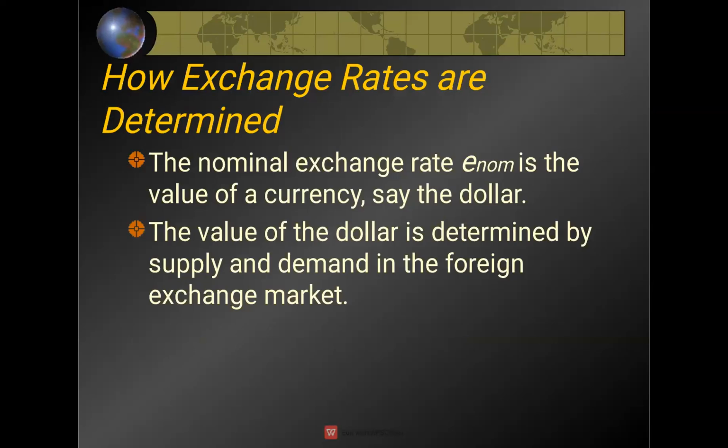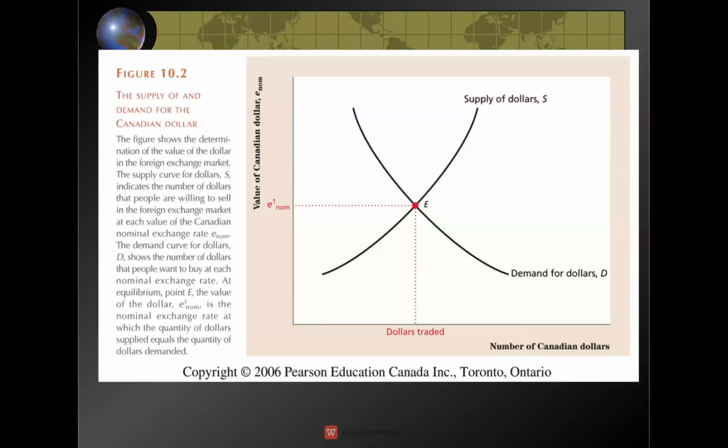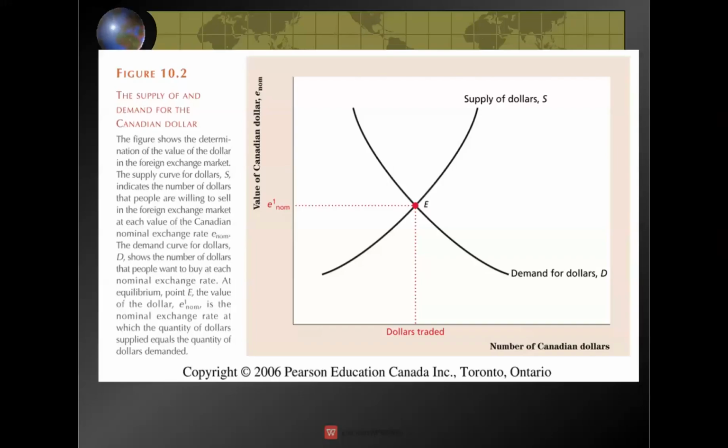Now, how exchange rates are measured or determined. The nominal exchange rate is the value of the currency, let's say the dollar. The value of the dollar is determined by supply and demand in the foreign exchange market. So it is in the foreign exchange market where the value of the currency is actually determined. You have supply of the currency and demand for that particular currency.